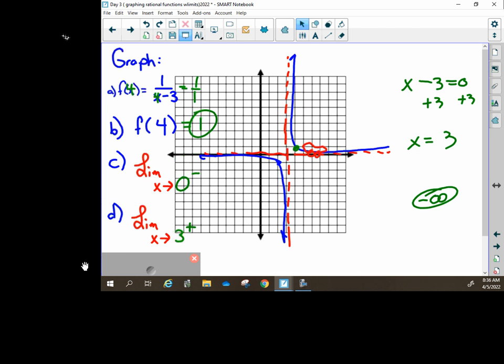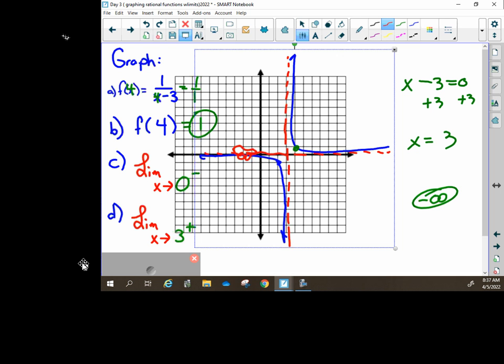Our asymptote is not at 0 anymore. So your rate switch just did right there. As I get to 0, right here is 0, what is the height of the graph at 0? If I plug in 0, 1 over 0 minus 3 is negative 1/3.